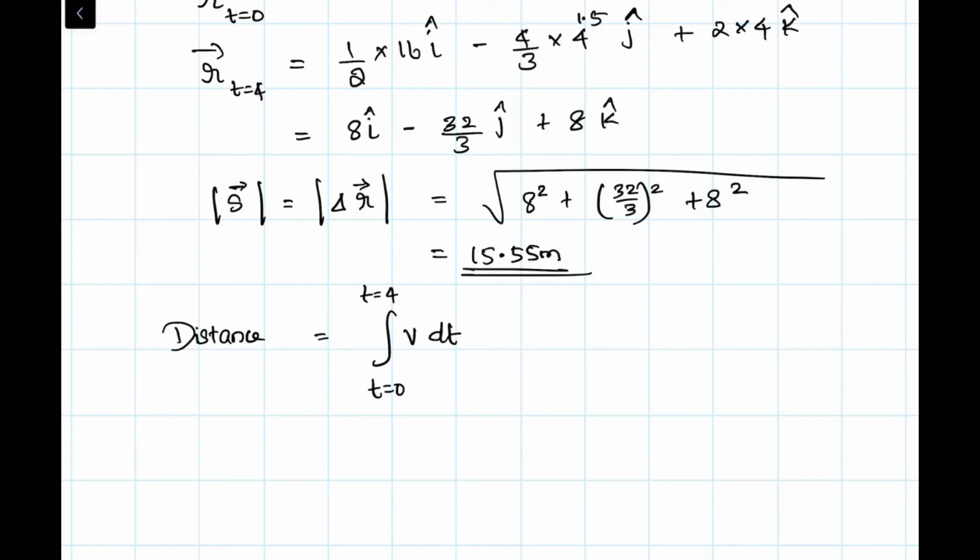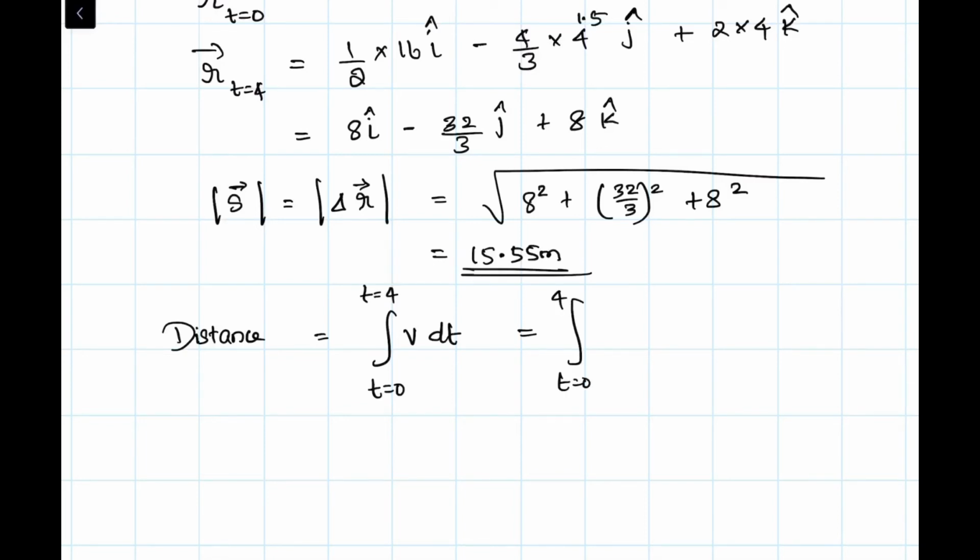So we simply calculated the position vectors at t equal to 0 and t equal to 4, and we just subtracted it. But distance depends upon path, so we have to take the integration of velocity, which is the integral from t equal to 0 to 4.